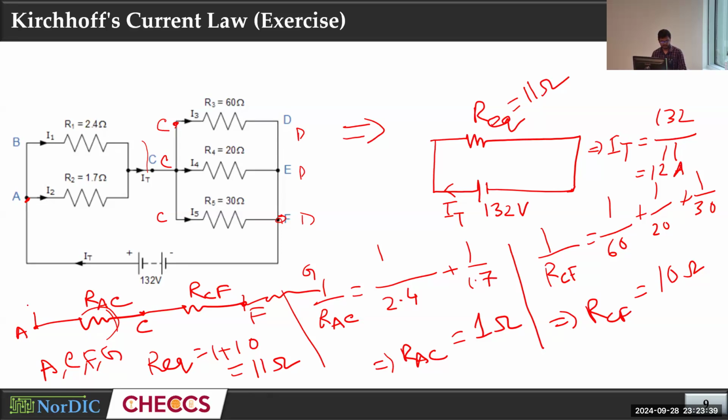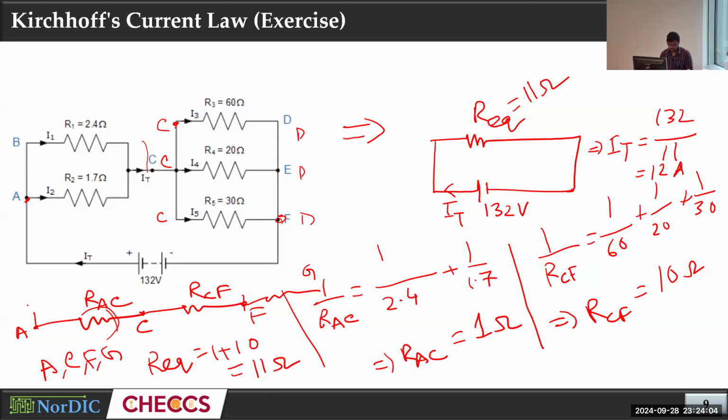That means the voltage of R1 and voltage of R2 should be the same. Similarly, the voltage of R3, R4, and R5, these 3 resistors should be the same. But the current will depend on the resistors. Since the resistors are all different, the current will also be different here. But we need to find the value of I1, I2.